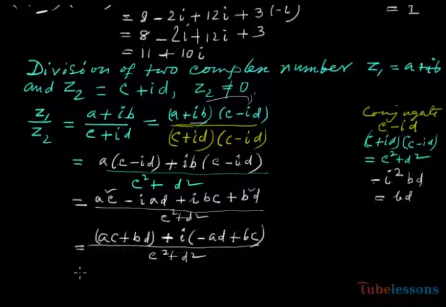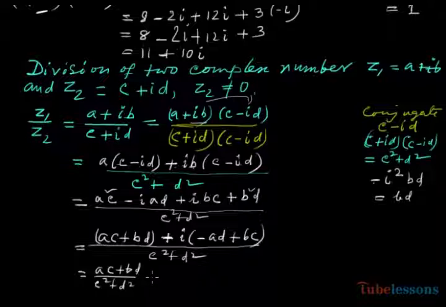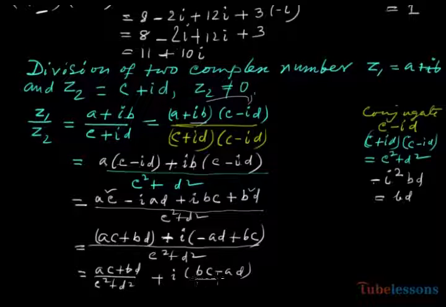So this is equal to AC plus BD by C square plus D square, which is the purely real part, and then BC minus AD by C square plus D square.